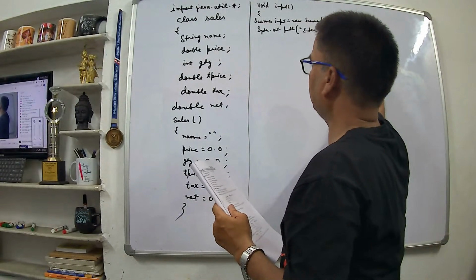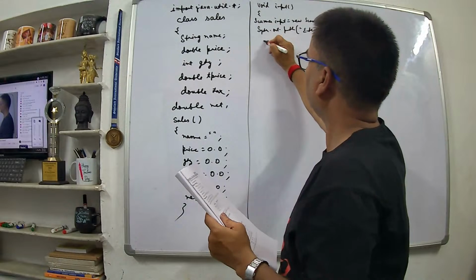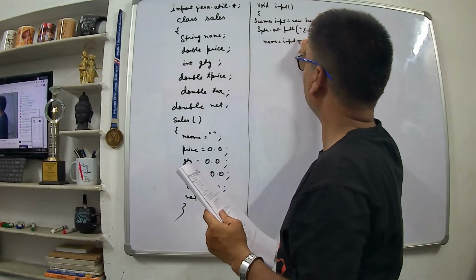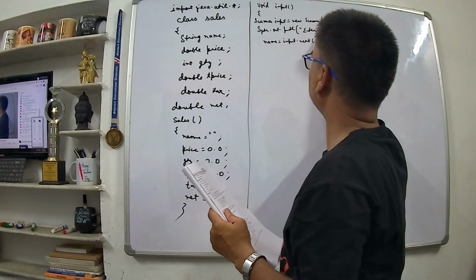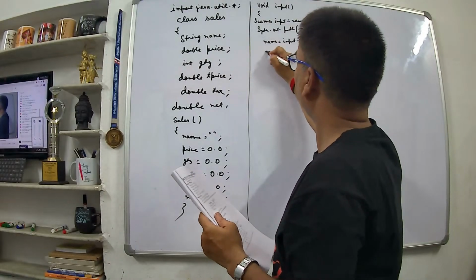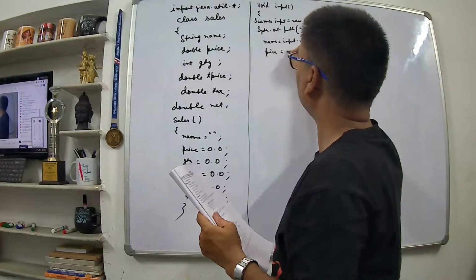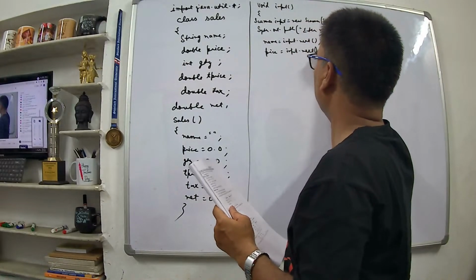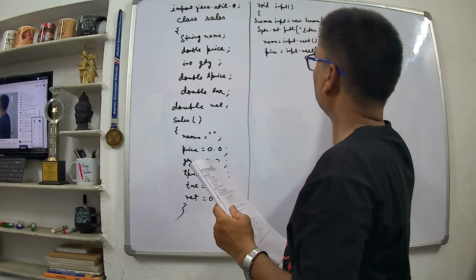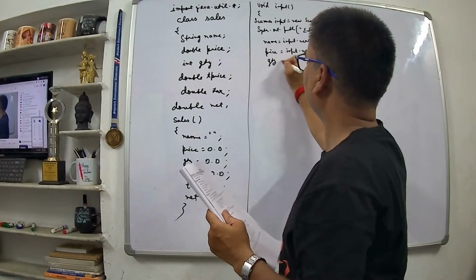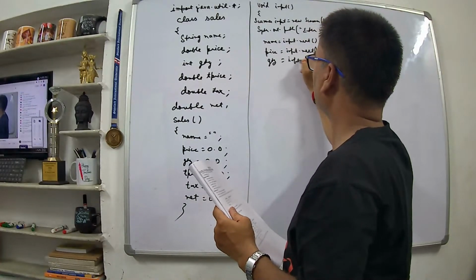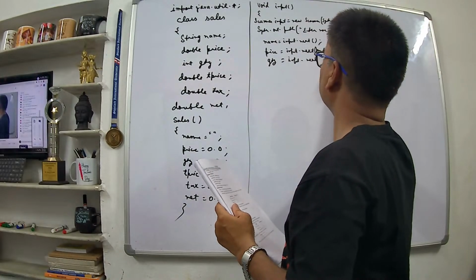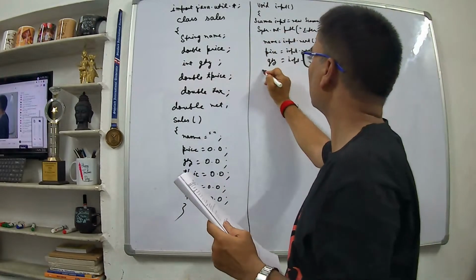That much will be taken as input. Name is equal to input.next for the name. Then price is equal to input.nextDouble, and quantity is equal to input.nextDouble. So I got these three things as input: name, price, and quantity.